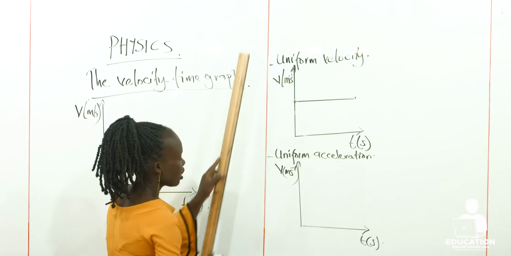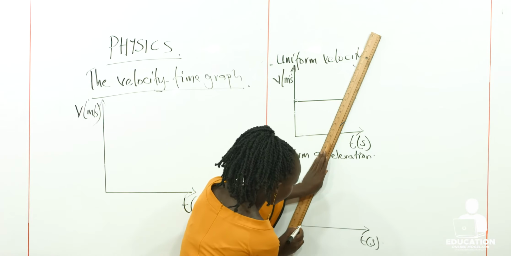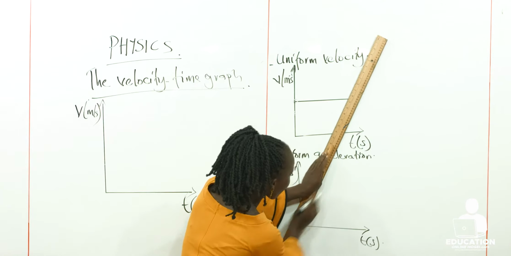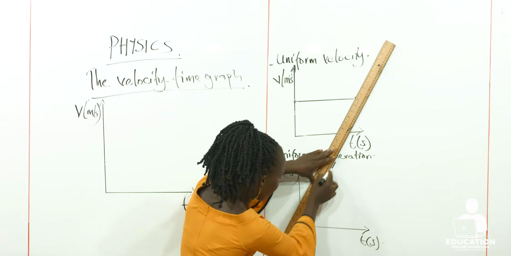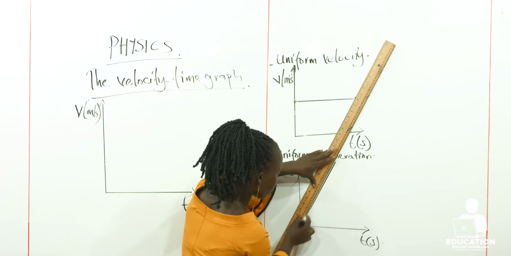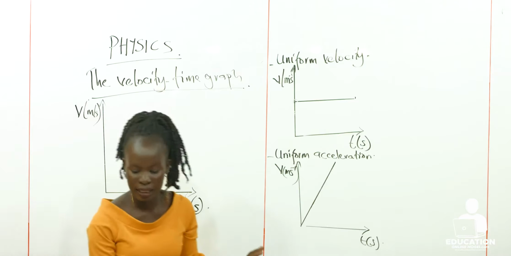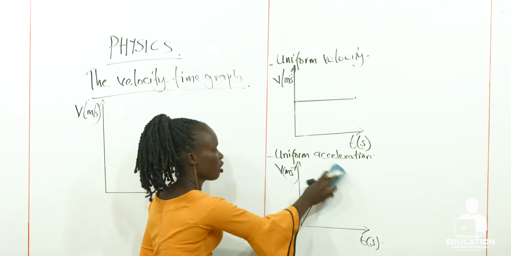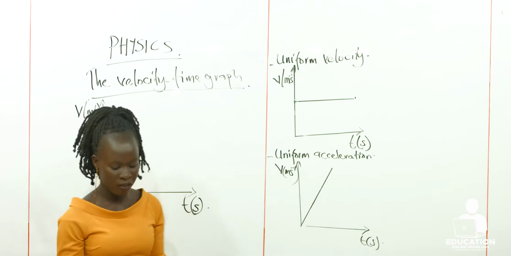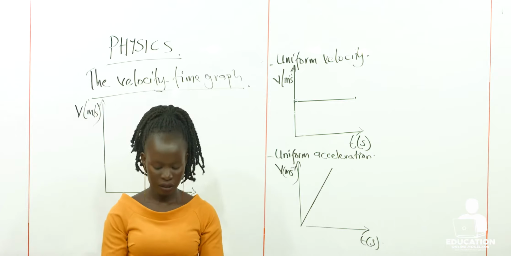So this here indicates a uniform acceleration. For our case with this graph, we assume that it starts from rest, from the 0 point. So when you see that line there, it indicates a uniform acceleration. Then we still have more of that, or we have the uniform deceleration.